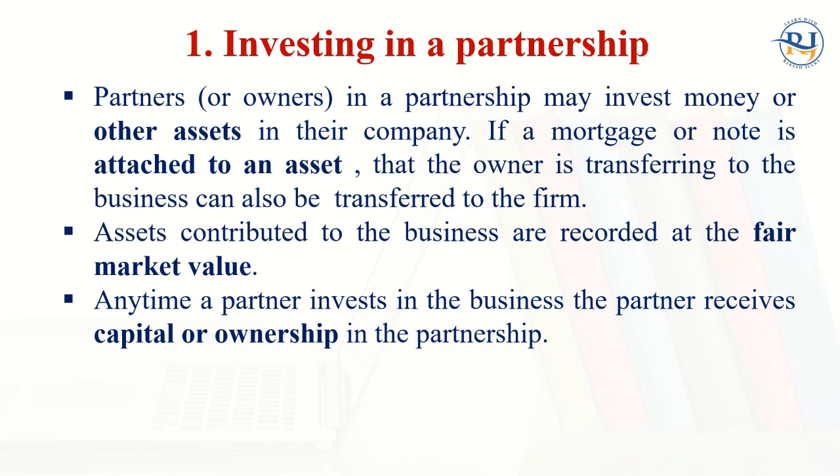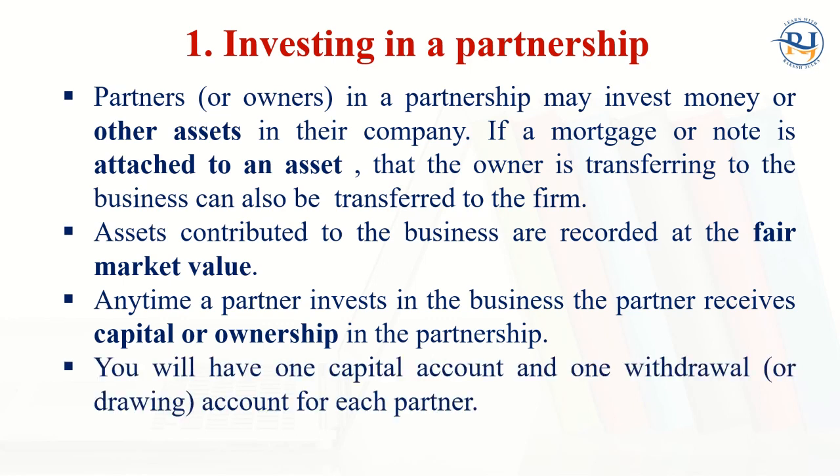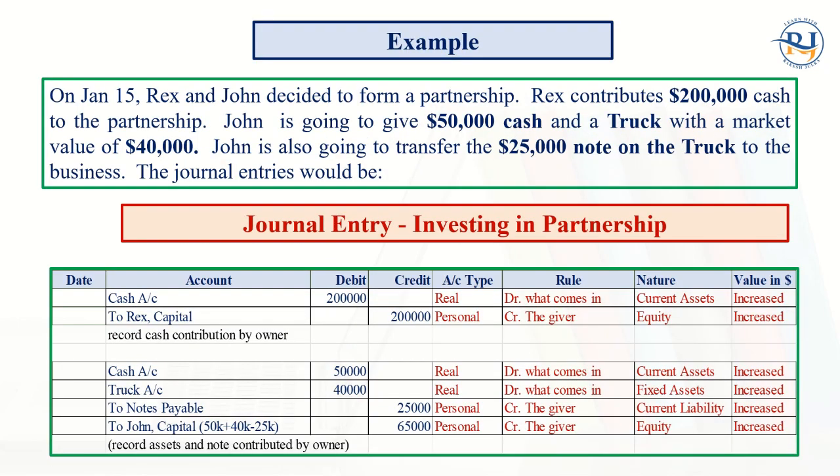Anytime a partner invests in the business, the partner receives capital or ownership in the partnership. You will have one capital account and one withdrawal account, which is known as a drawing account, for each partner in the partnership firm. For example, on January 15th, Rex and John, two guys, decided to form a partnership firm.